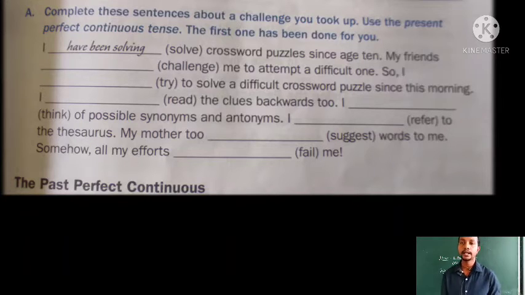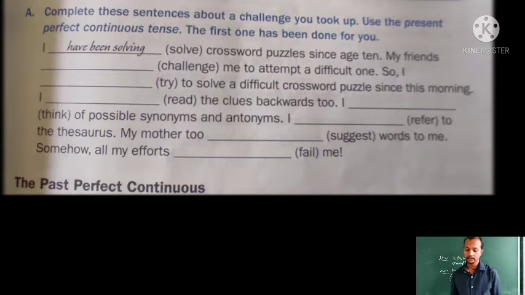So the whole sentence is based on a challenge, with the blanks given, and what we need to do is complete them. And the format that we are asked to use is present perfect continuous tense, no other tense. Since we have already dealt with it, it will be easy for us.